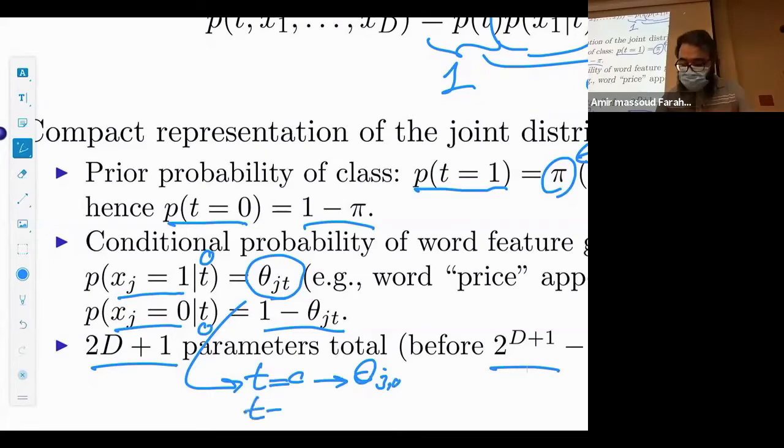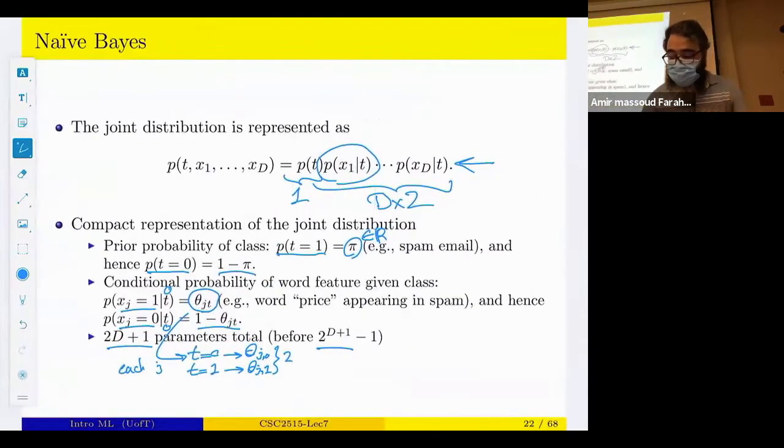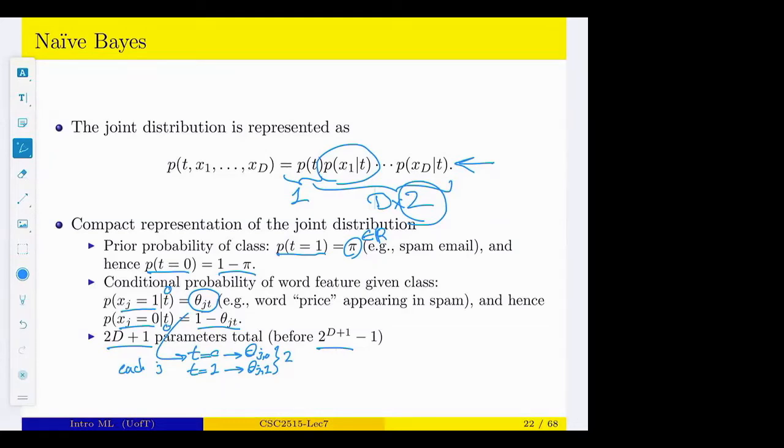And if t is equal to 1, we have theta j of 1. So this basically means that for each dimension j, we need 2 parameters to represent it. So the question was why we have the 2 in 2d.